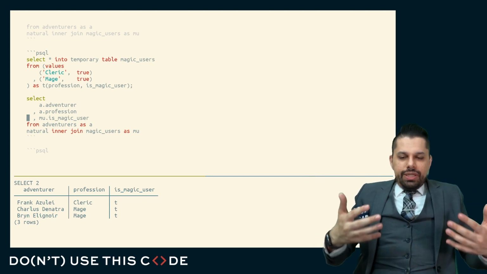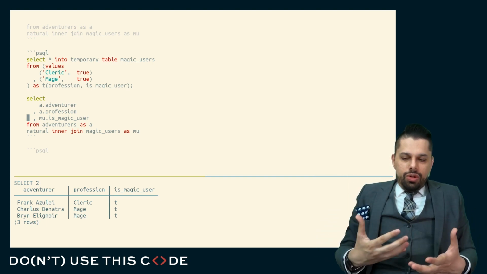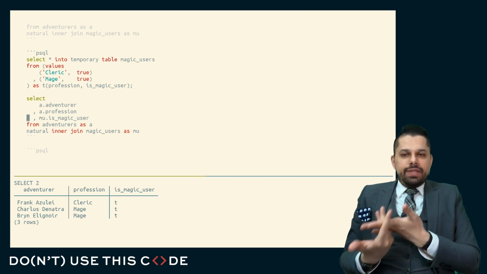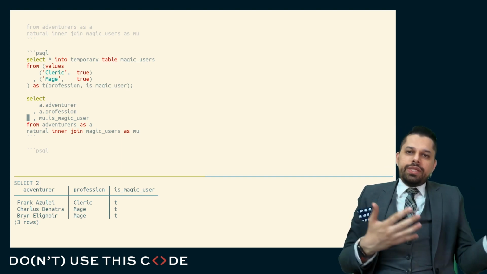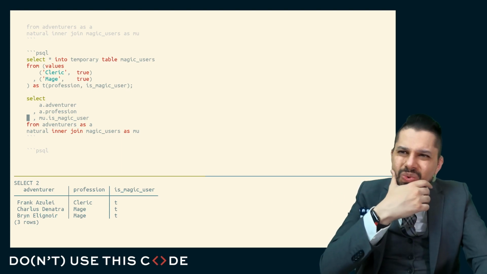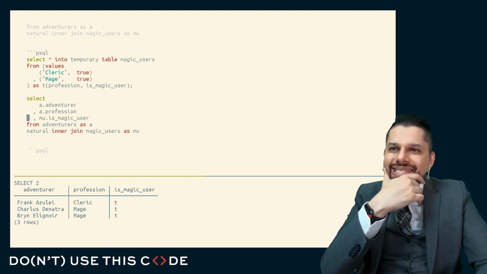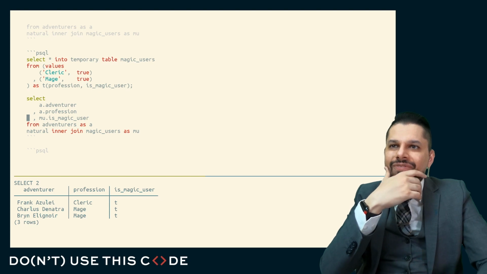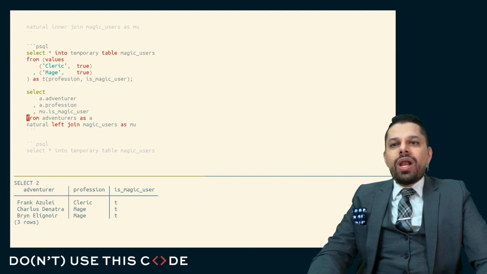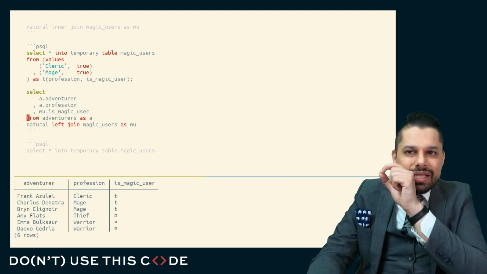What happens with the inner join is I want every row in the intersection between the left-hand side and the right-hand side, the table I'm working with and the table I'm joining against. I want everything that matches exactly. But in this case, I actually don't want that, because then I'll accidentally fail to give me any information about the character classes I don't know anything about. So what I might do is change this into a left join.